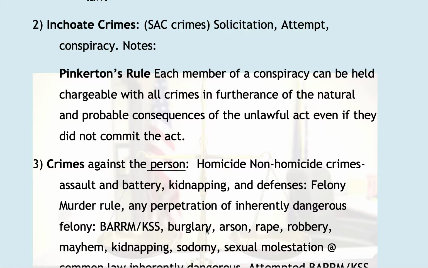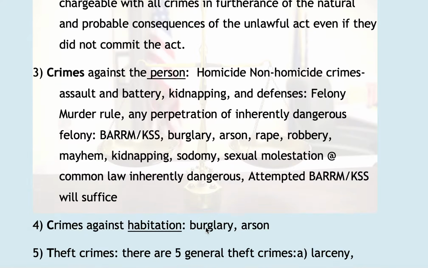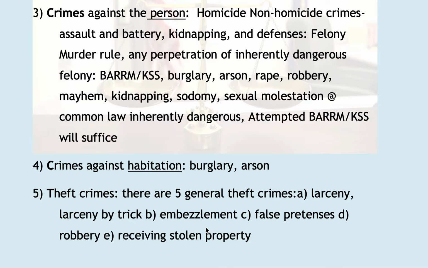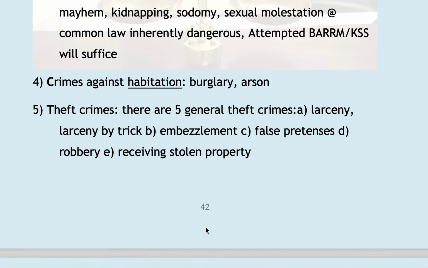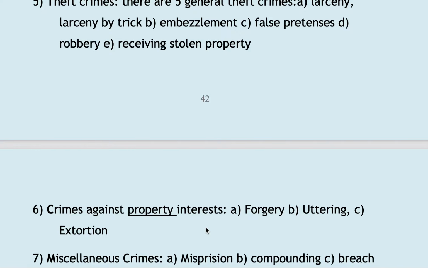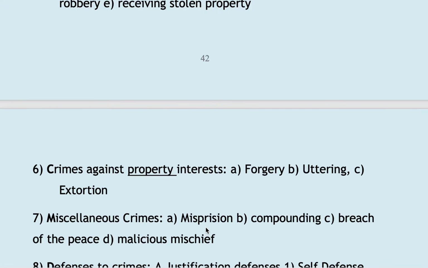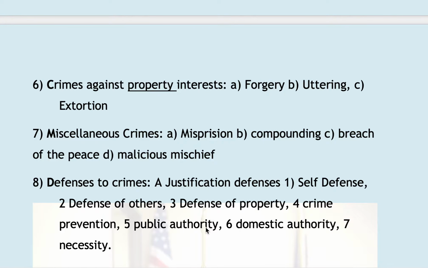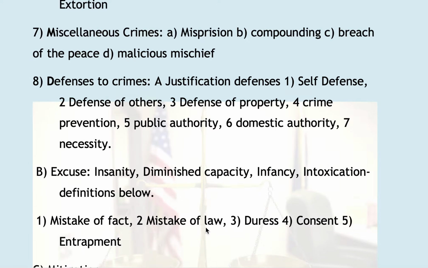The C stands for crimes against the person, and the C stands for crimes against habitations. Then the T goes into theft crimes, and then the C goes into crimes against the property interest, and then M is miscellaneous crimes, and D is defenses to crimes.